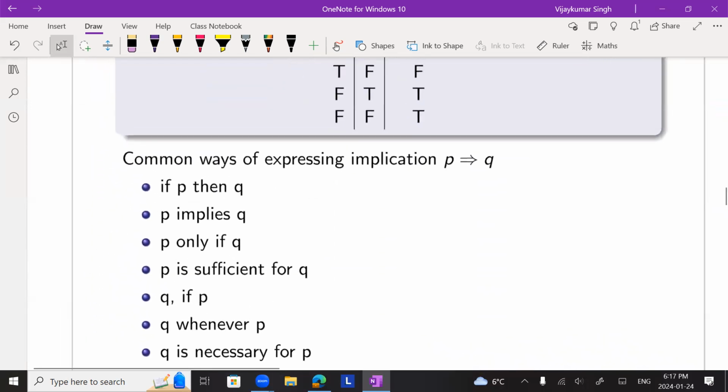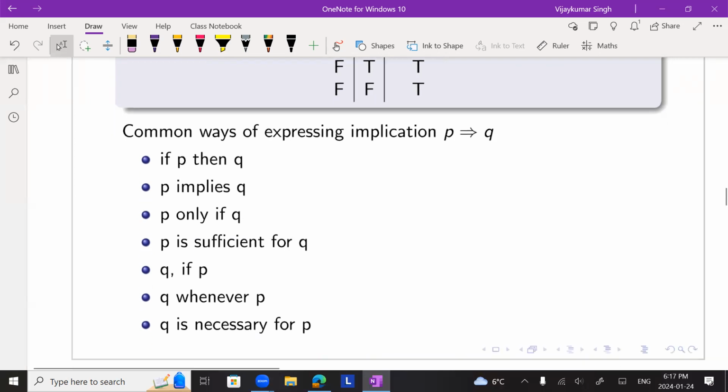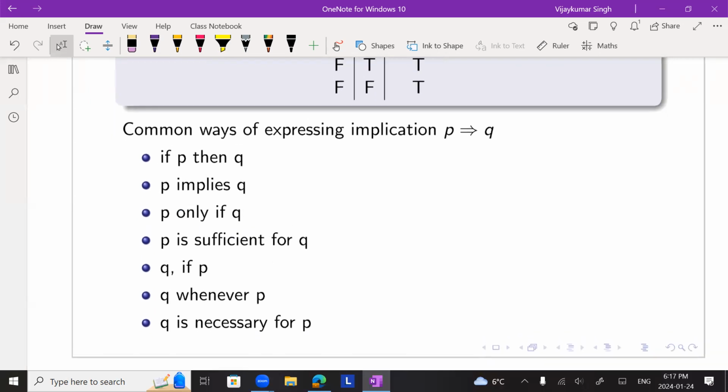Some people say if P, then Q. You can say P implies Q. P only if Q. P is sufficient for Q. Q if P, the other way around. Q whenever P. Q is necessary for P. We don't need to worry about all this, but we have some intuition about it, because these are all English statements. So we need to know basically what they represent, at least some of them.